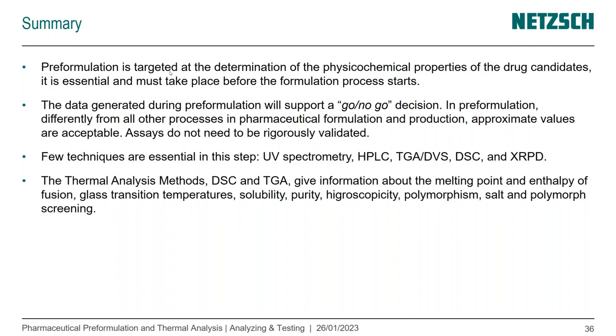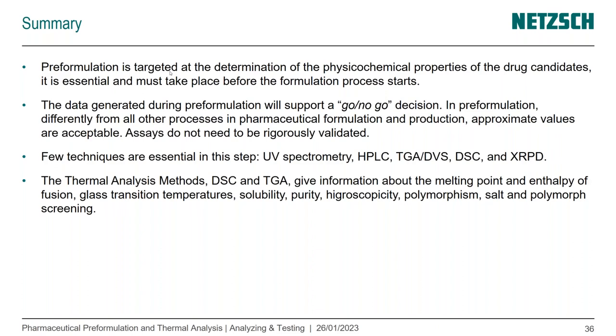The data generated during pre-formulation will support a go, no-go decision. In pre-formulation, differently from all other processes in pharmaceutical formulation and production, approximate values are acceptable. The assays must be validated, but not so rigorously as for the formulation and for the product.